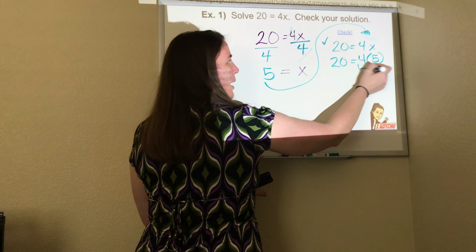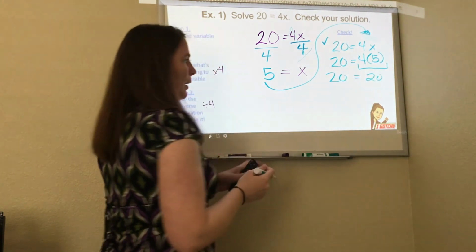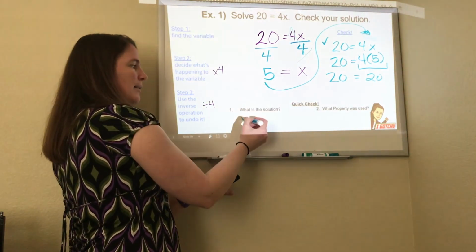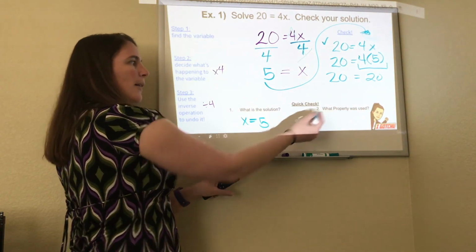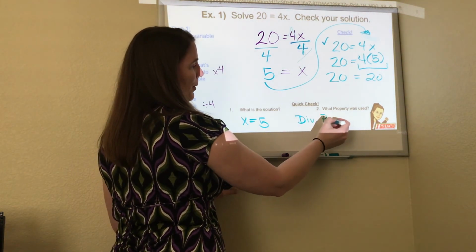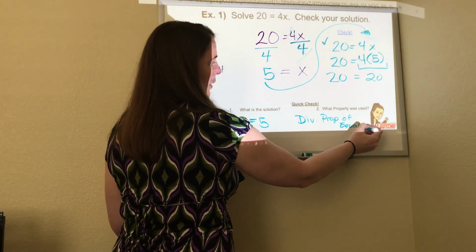And 4 times 5 is 20. So 20 equals 20. So what is the solution? I have x equals 5. And then what property did I use? The division property of equality.